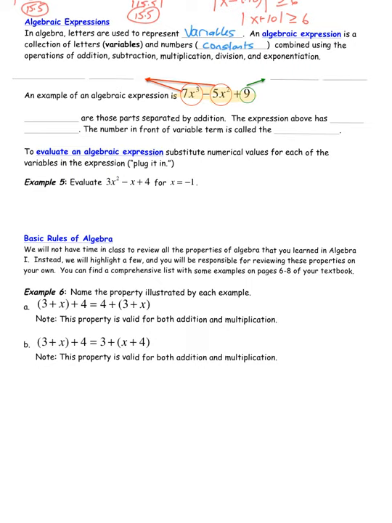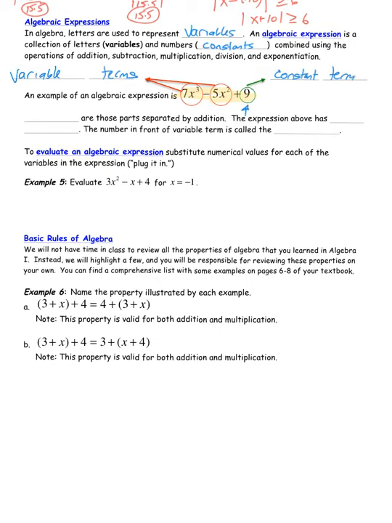And we're going to identify some terminology about this algebraic expression, and you should be familiar with these terms. So 7x cubed minus 5x squared, those two are going to be our variable terms because they have the variable x in them. And the 9 over here is a constant term.